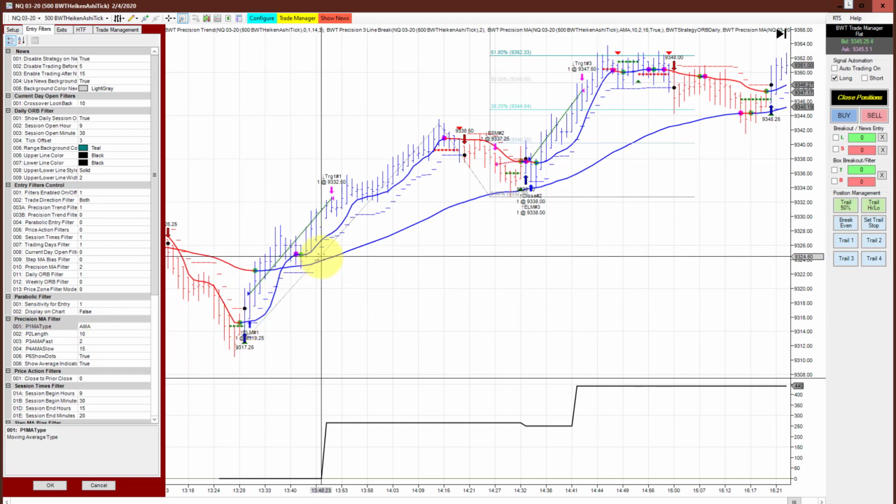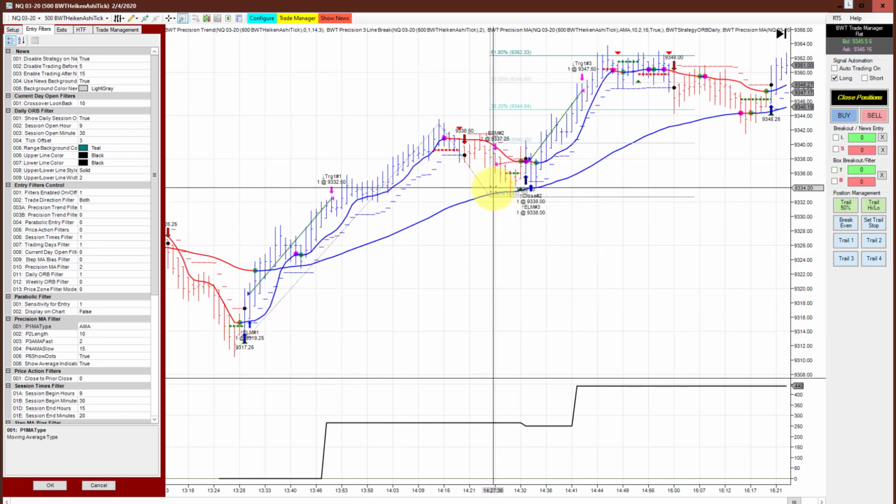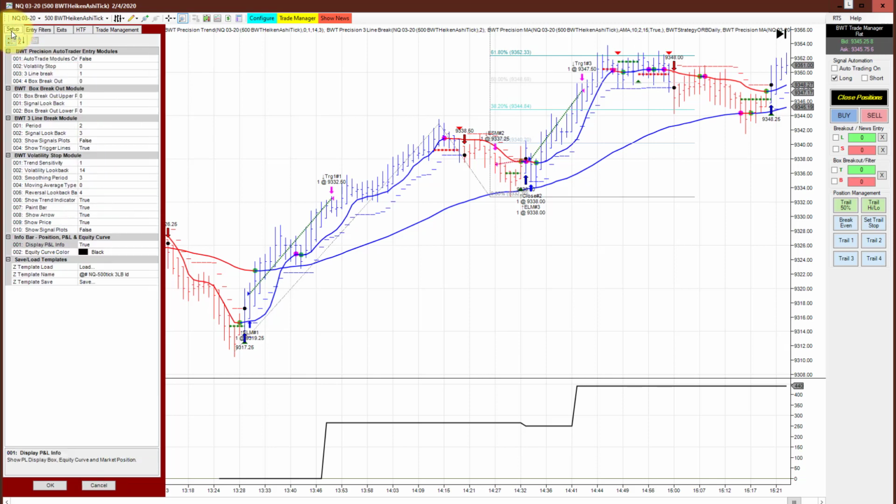This is a 60 EMA, the slower moving average, but this one here is the one used by the Autotrader. I'm just using this for a visual on pullbacks, and these are the settings here, 2 and 15. I have it faster than the default, and I'm also using the line break logic.